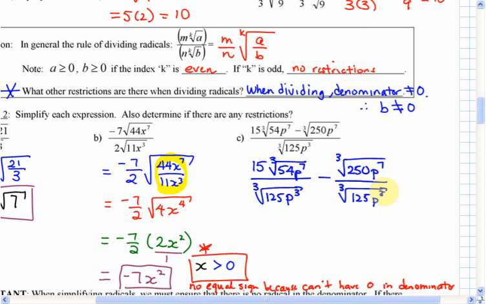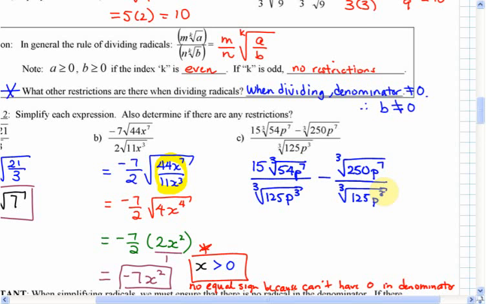Anyone notice anything about the denominator, though? It's the same thing. Yeah, of course, it's the same thing. But what is this actually simplified to? What's the cube root of 125? 5. That's 5, right. 5 times 5 times 5. What's the cube root of p cubed? P. Isn't that much easier?